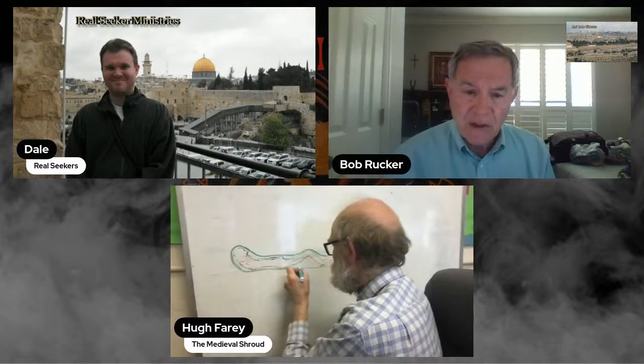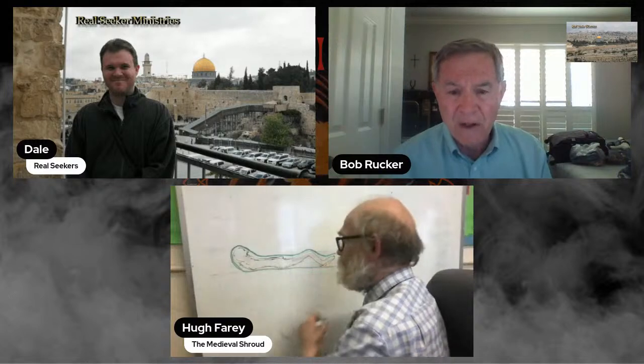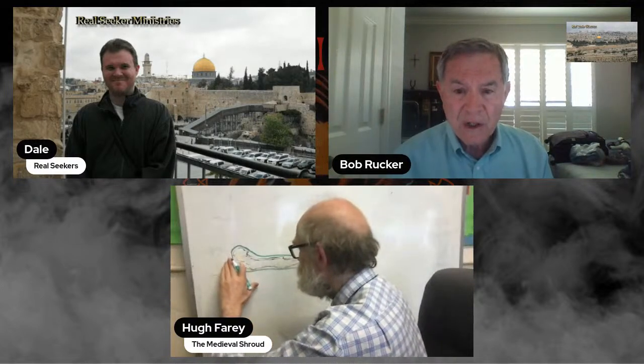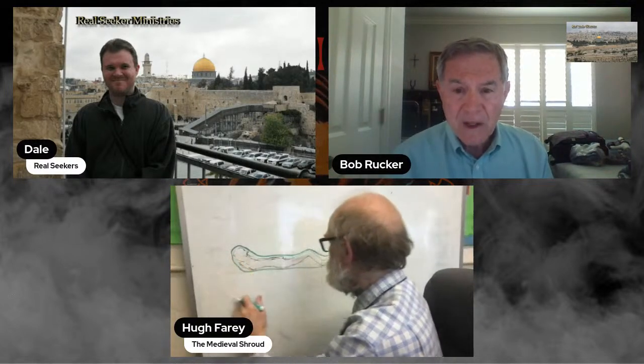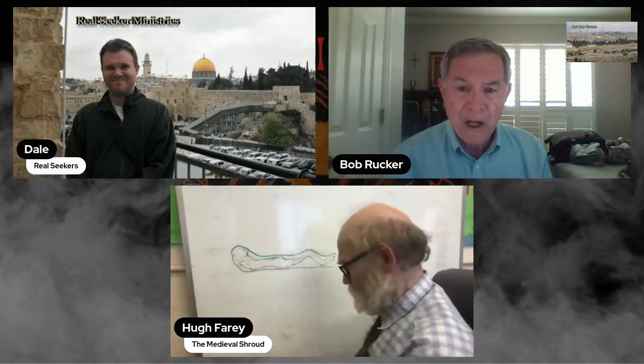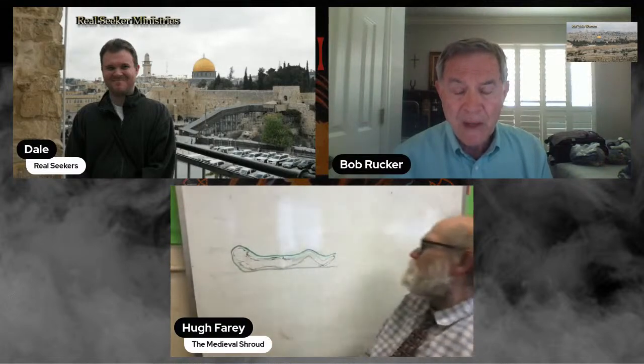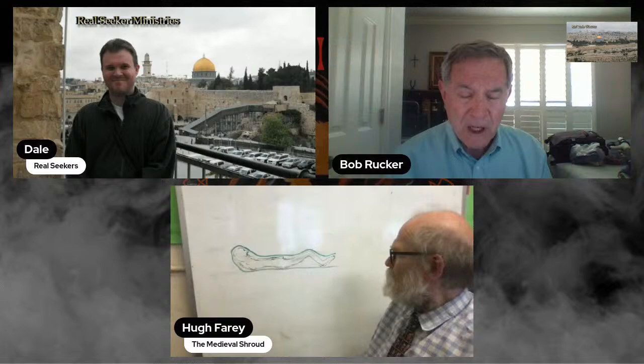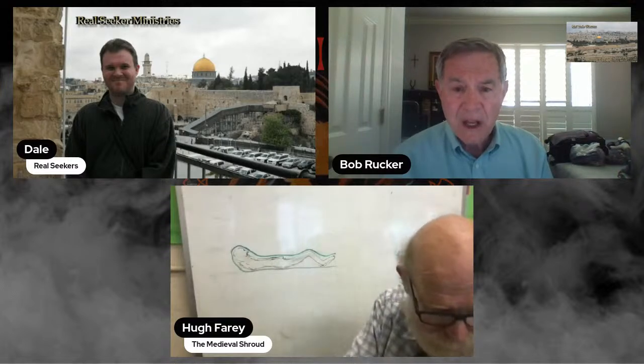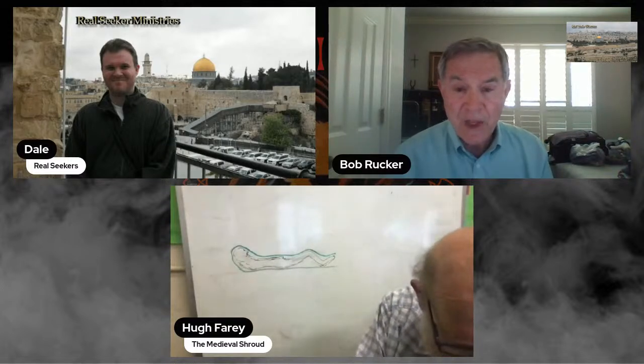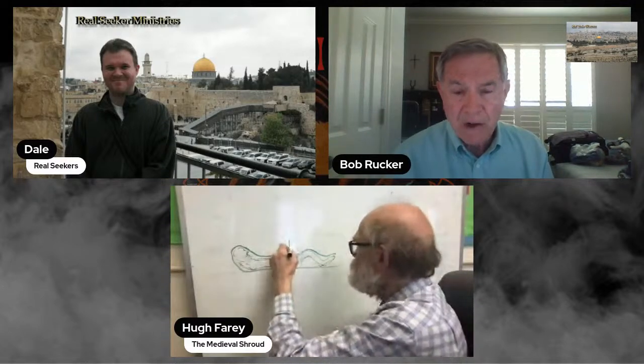So an electrical effect on the body and on the 2 cloths would separate the top cloth above the body and the body above the bottom cloth. And that would only have to be the case during the image formation process, which I think was just a very small fraction of a second, a microsecond or something.